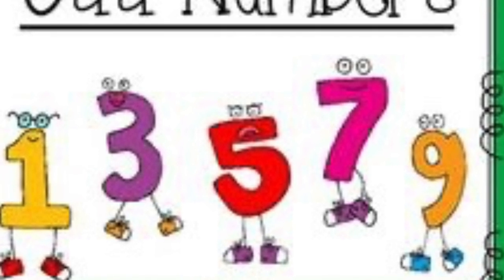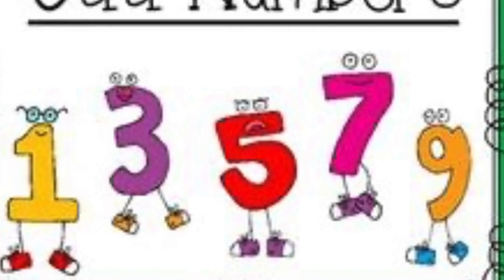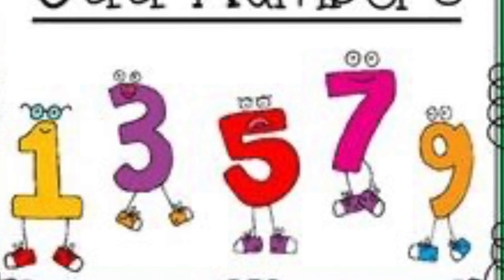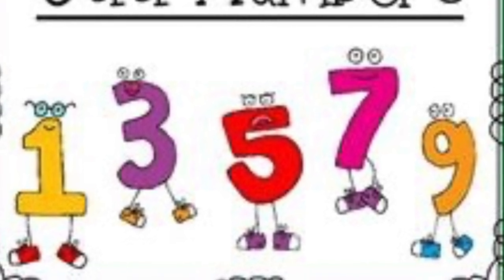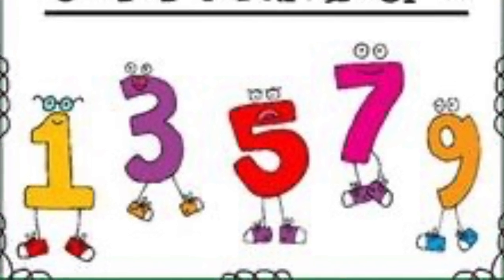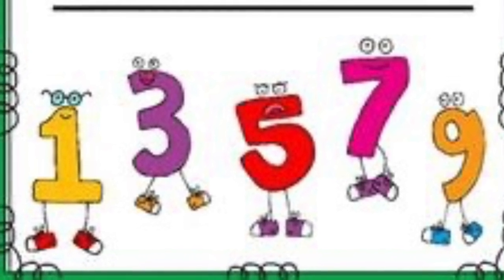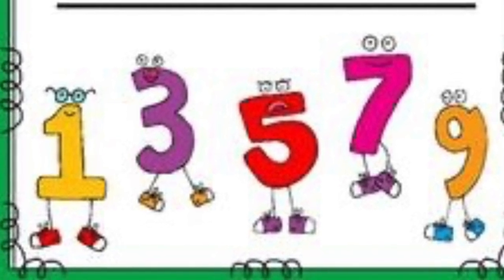Odd number. A number that is not divisible by 2. 1, 3, 5, 7, and 9 are odd numbers, and any number that has those numbers in the ones place are odd numbers.